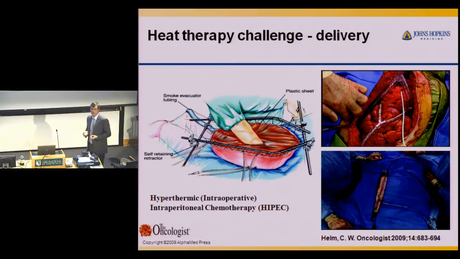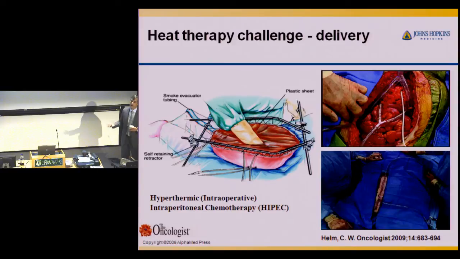What I've shown you here is a picture of an intraoperative intraperitoneal hyperthermia procedure in which the patient is opened up. I think 2 years ago this procedure received FDA approval.